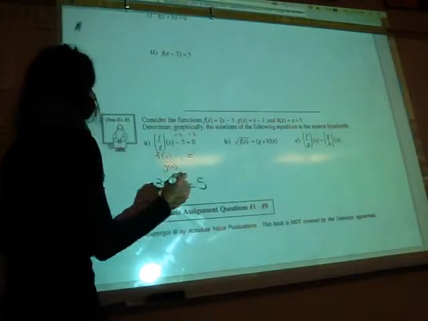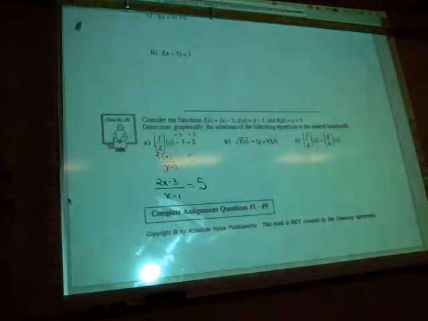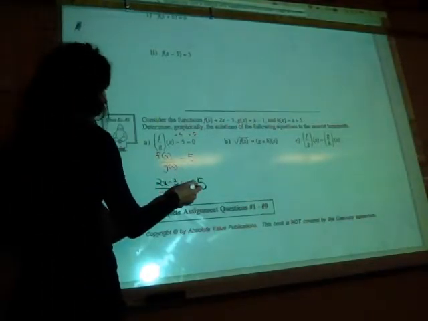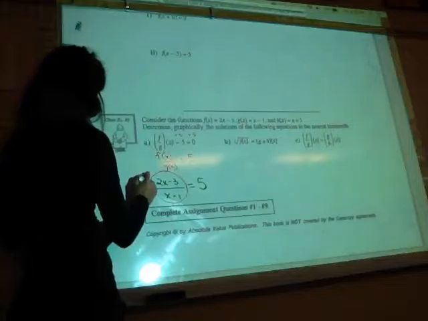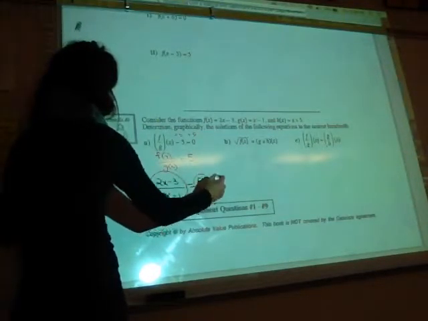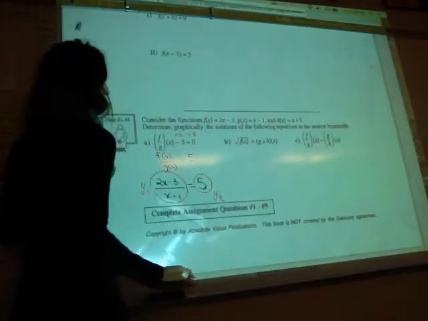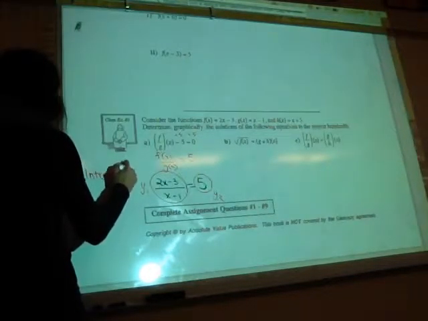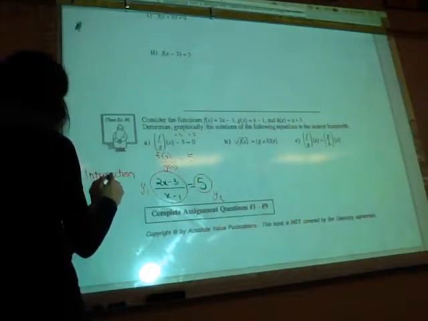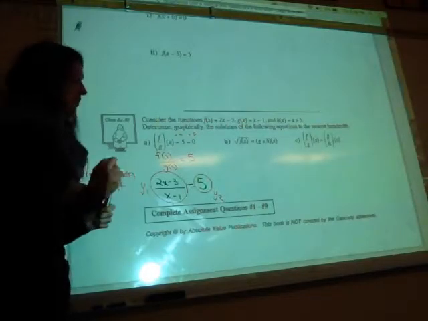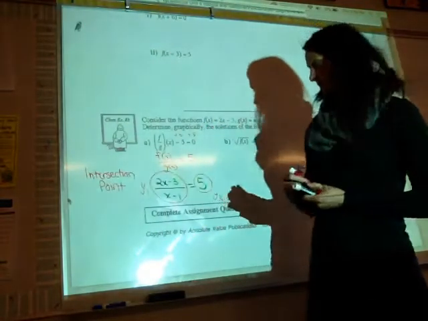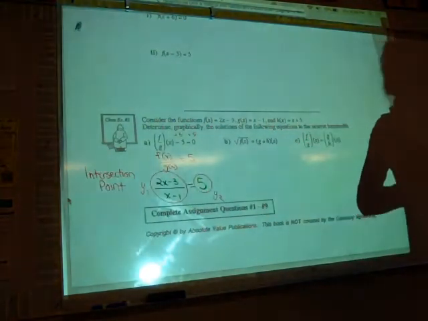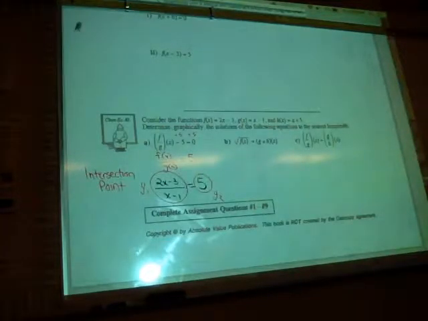That equals 5. So if you are asked to solve this graphically, I would set this side equal to y1, this side equal to y2, and you would find the intersection point. And you only need the x value because this equation only has an x in it. Okay, we don't care about the y. So let's just do that.